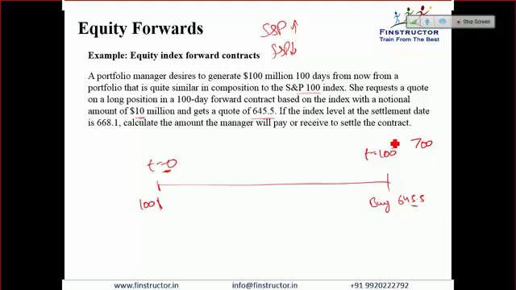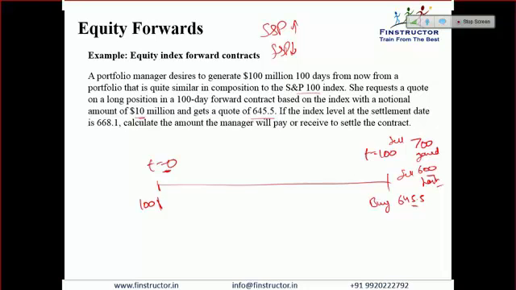She will sell at 700, so she would have gained. If at t equal to 100, actually the value of the index is 600, would she have gained or lost? Please note, this contract is an obligation. So she will buy at 645.5 and now she will be able to sell at 600. That is, now she would have lost.